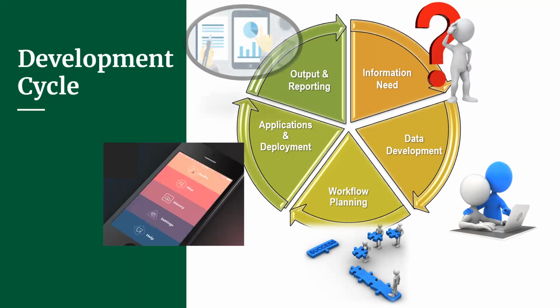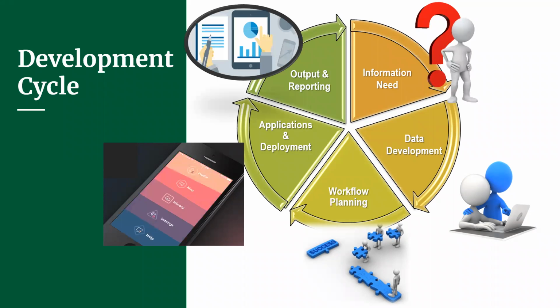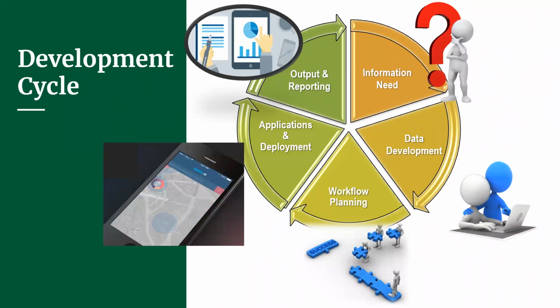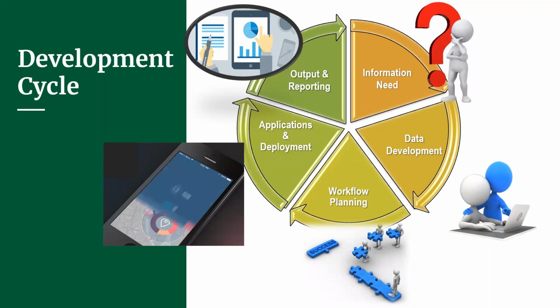And then the final step is output and reporting. I say final step, but it's really a complete cycle, because oftentimes that turns into more requests for information. But we're able to utilize some ESRI tools and some other reporting tools to provide data products with the data that we're collecting.